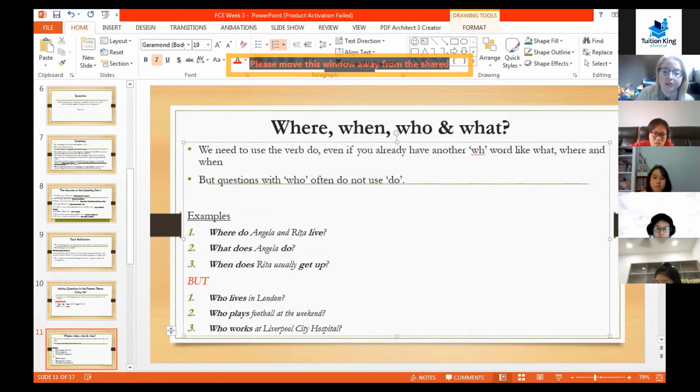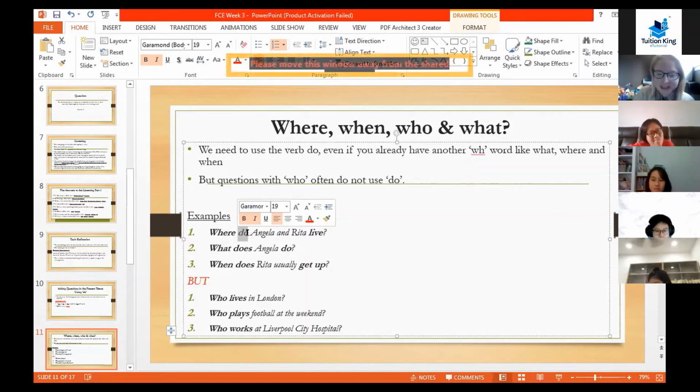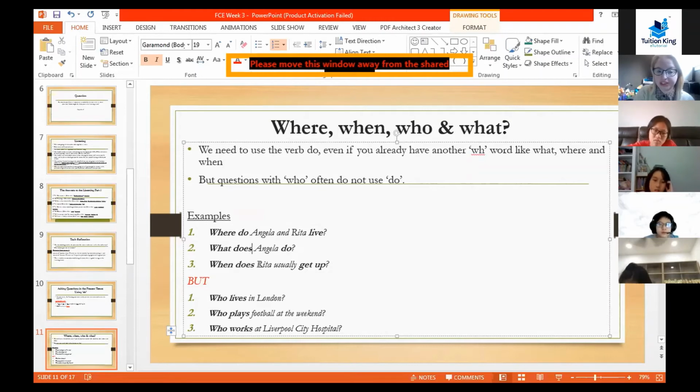Sometimes grammar is complicated to explain, isn't it? This is for third person plural with they, we would use do. But have a look at third person here. What does Angela do? And when does Rita usually get up?